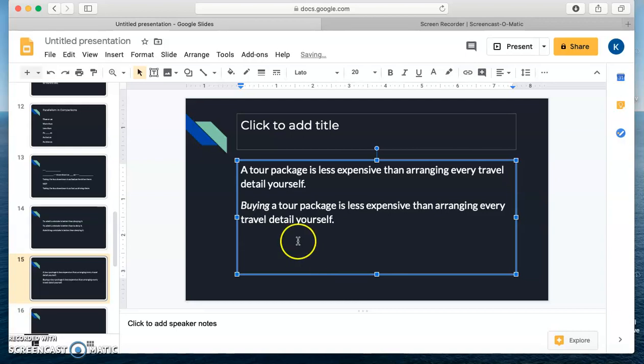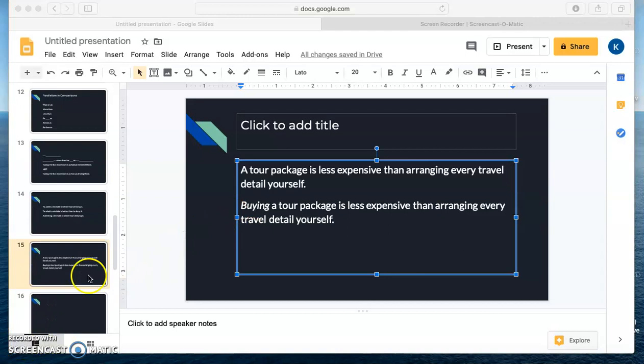So I personally might like to say "buying a fancy tour package is less expensive than arranging every travel detail yourself," but that ultimately does not affect parallel structure, and we really only need to focus on our nouns, verbs, and our phrases. Therefore, this here now is perfectly valid, we're good to go, and it is ready to be listed as parallel.